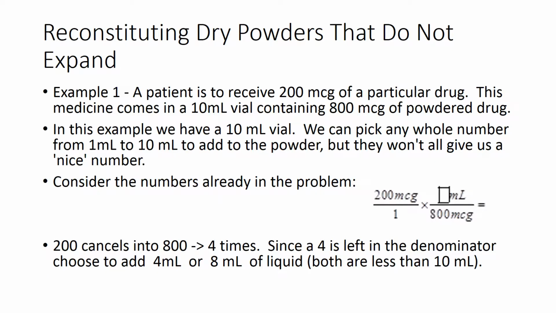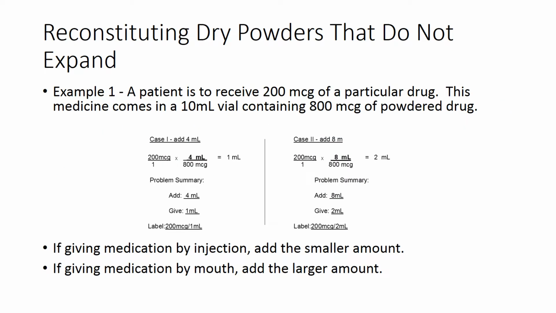As you can see here, in case number 1 where you add 4 milliliters, your equation would be 200 micrograms per dose times 4 milliliters for 800 micrograms, which comes out to be 1 milliliter. So your add would be 4 milliliters of water, your give would be 1 milliliter, and your label would be 200 micrograms per 1 milliliter. Now in case number 2, where you add 8 milliliters, your equation is exactly the same: 200 micrograms times 8 milliliters per 800 micrograms, which is your dosage of 2 milliliters.